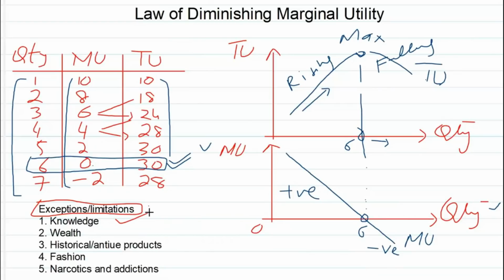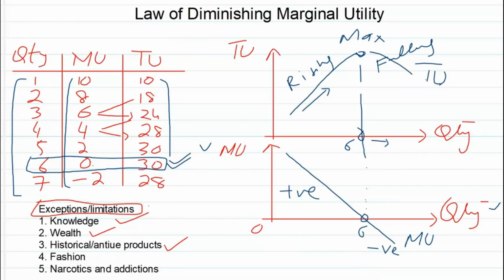Similarly, this law is not applicable in case of wealth and money, because accumulation of more wealth increases the level of satisfaction of an individual. Some people have the hobby to collect historical and antique products, and they feel more comfortable with every additional unit of a product that is collected by them.